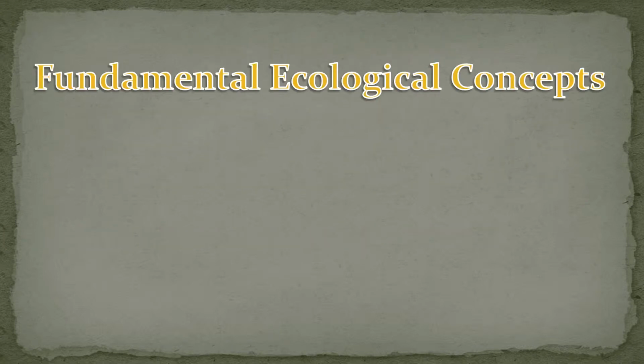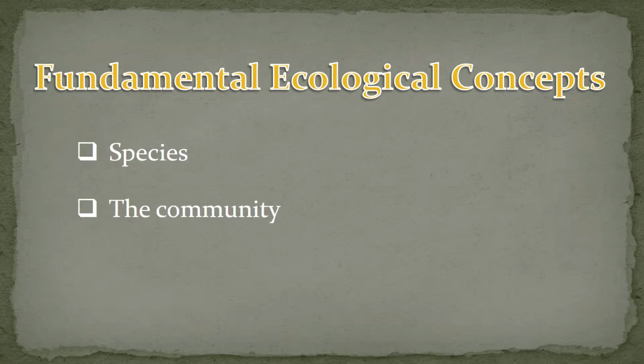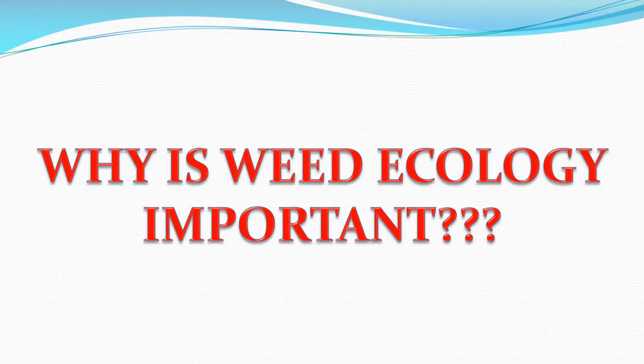These fundamental ecological concepts are something that I assume you already have at your fingertips. If you forget, open back your first year note and try to understand these concepts, or just Google them. Understanding this is important because all discussion after this will be based on these concepts.